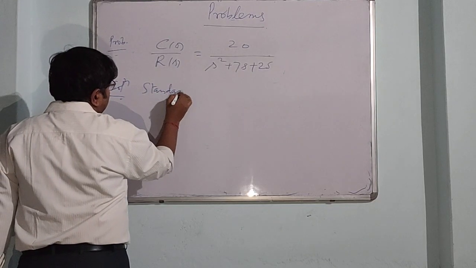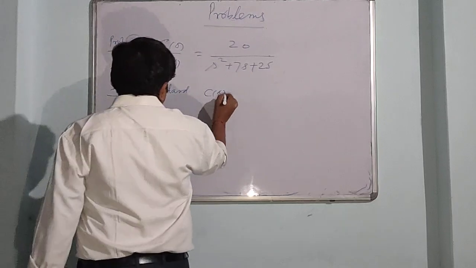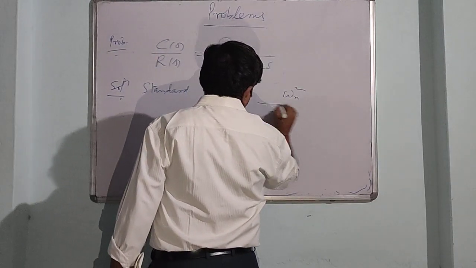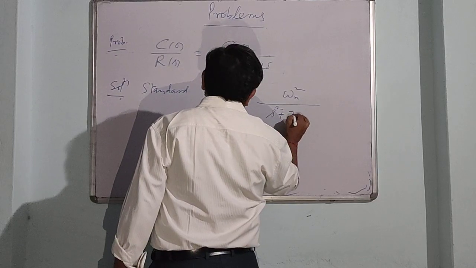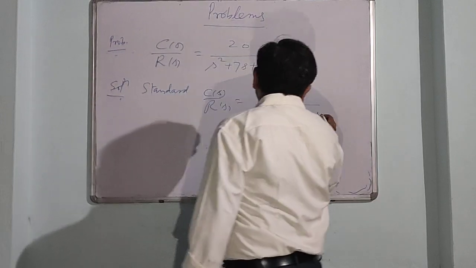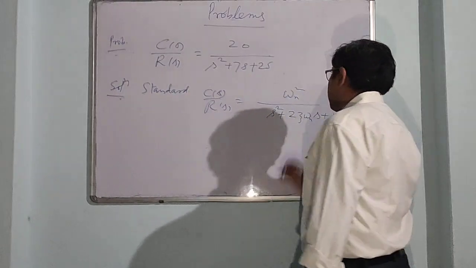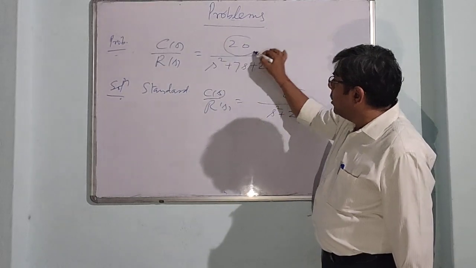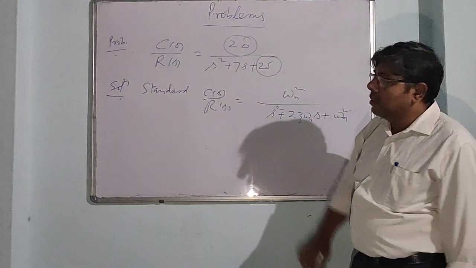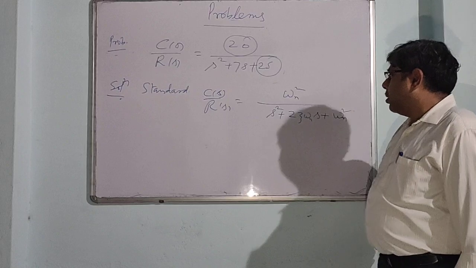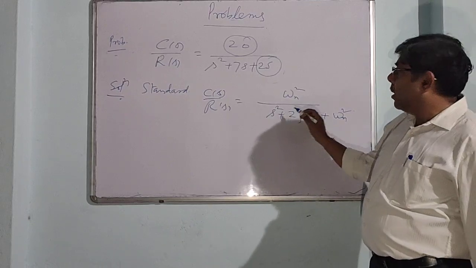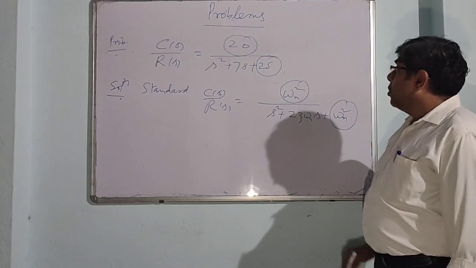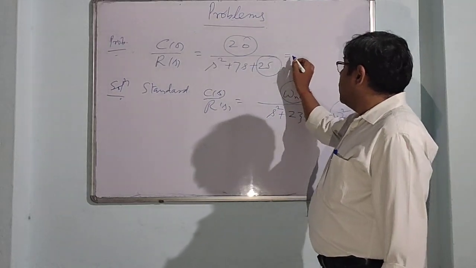Standard C by R is omega n square upon... So here there is one difference. These two values are different. These two values are not the same. But in standard form, these two values are the same, omega n.